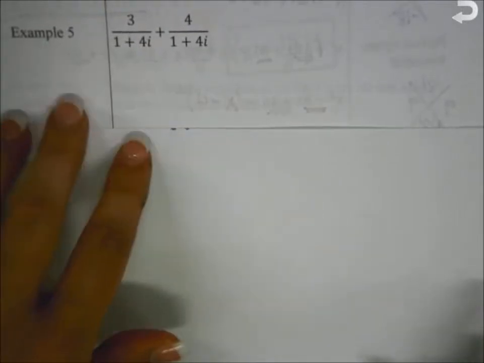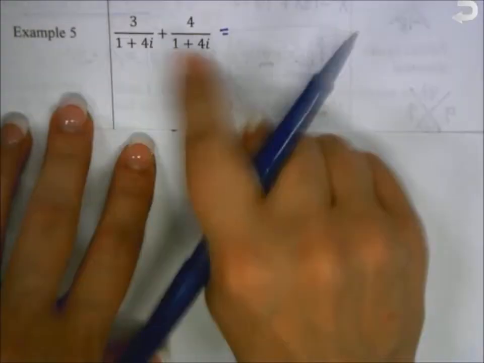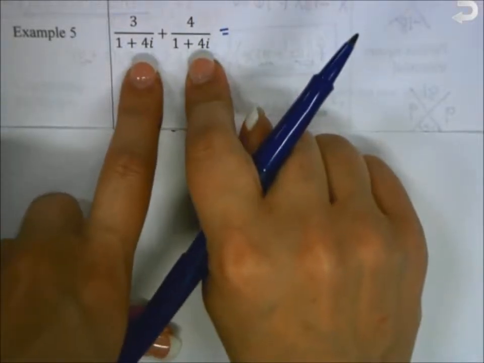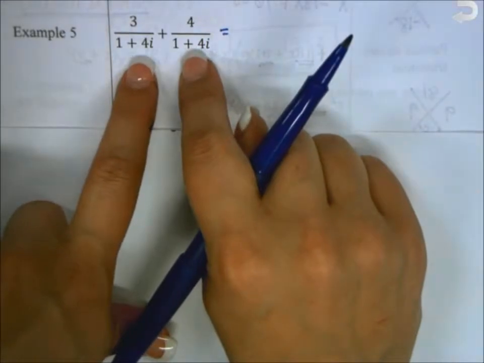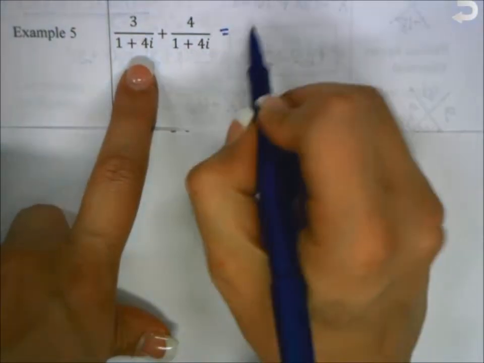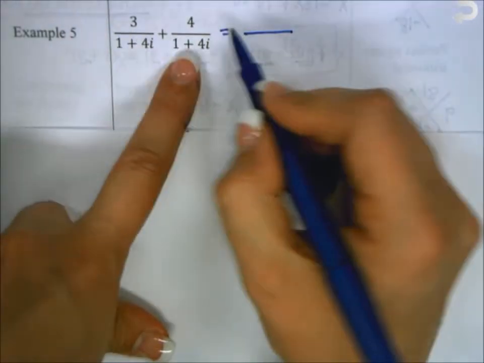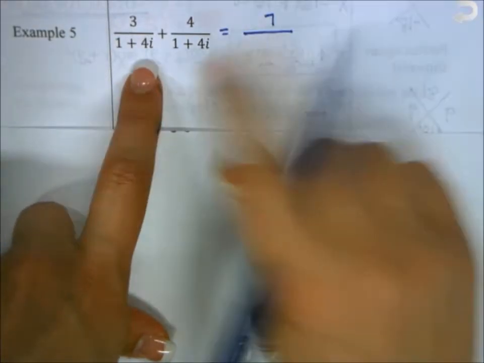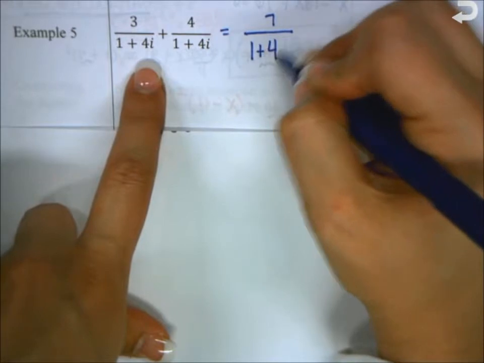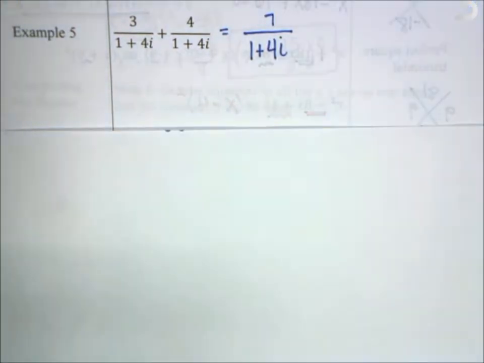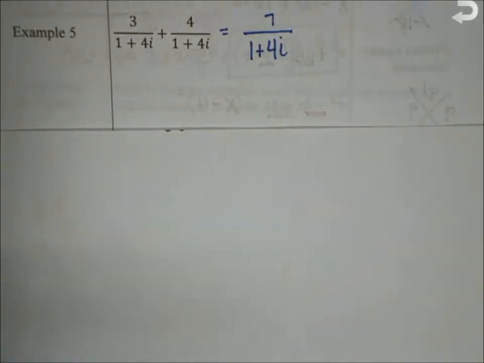So 3 plus 4 gives me 7, and I keep that denominator, over 1 plus 4i. Am I done? No. Why not? It's not in standard form, and there's i in the denominator. So I need to multiply by the conjugate, 1 minus 4i.